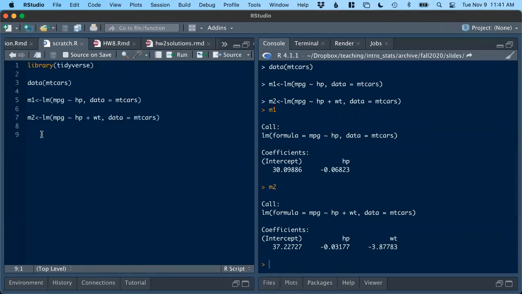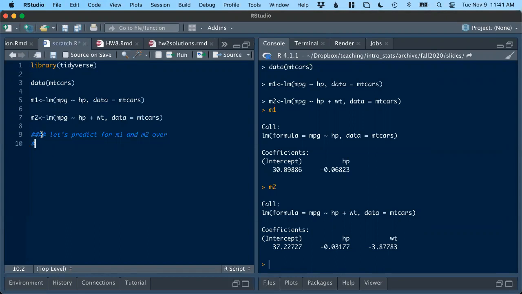Okay, so let's predict for M1 and M2 over a range of reasonable values for the predictors. Okay, so we'll say new data.